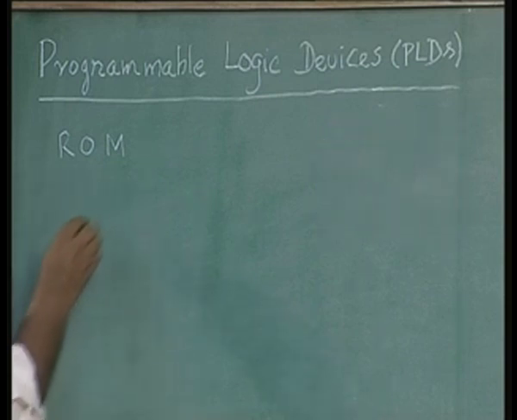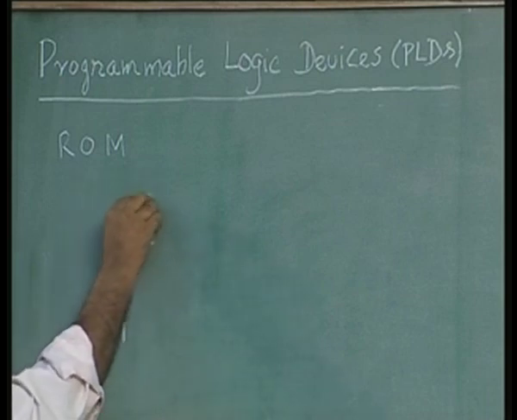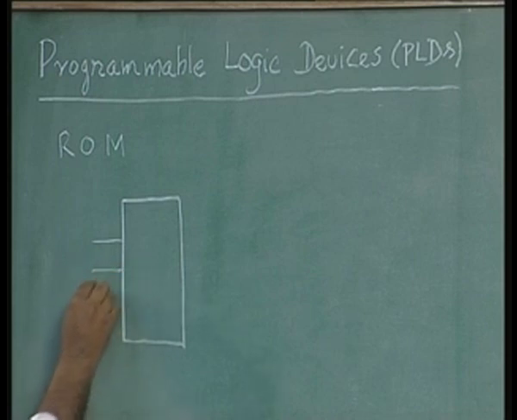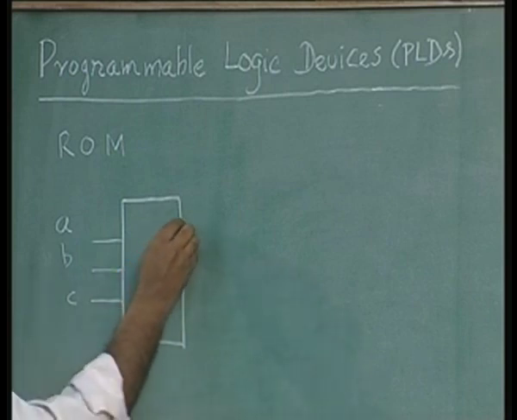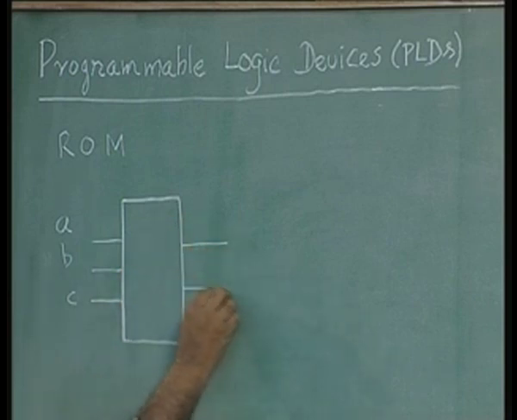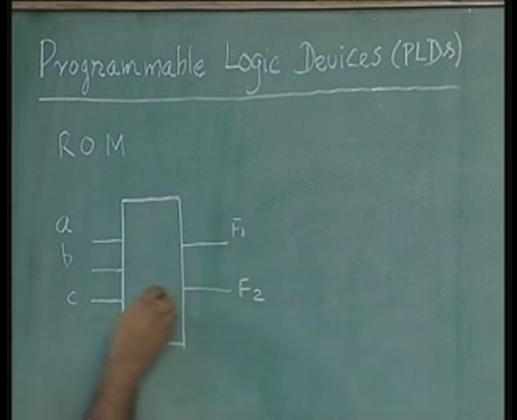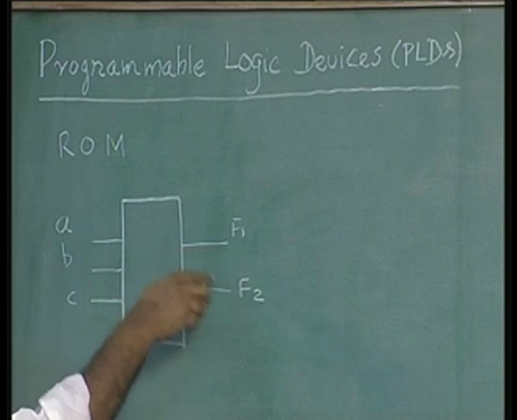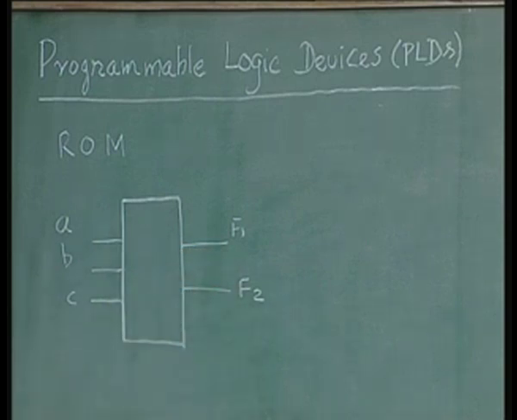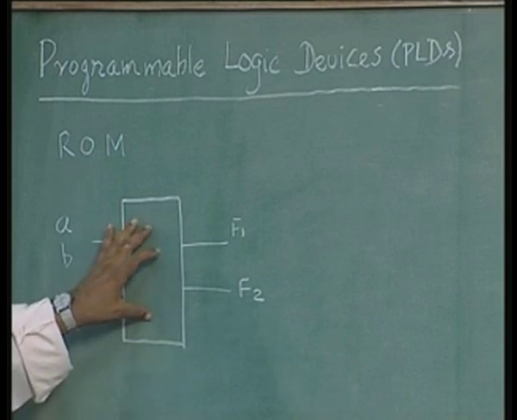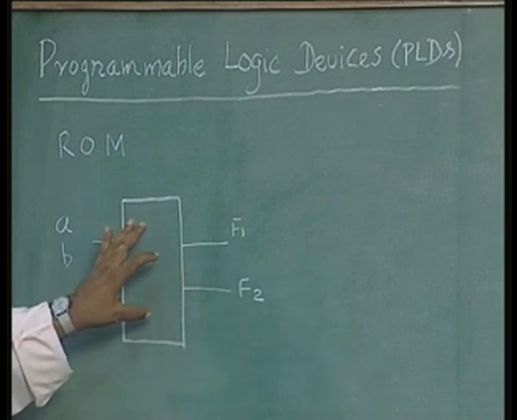ROM will have inputs. For example, I may have A, B, C as inputs, and I may have 2 outputs called F1 and F2. For F1 and F2 in the truth table you have rows on which they are 1, rows on which they are 0. So, I can map all those zeros and ones for F1 and F2 in this hardware, then it becomes an implementation.